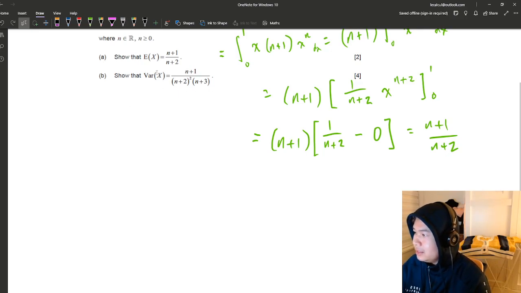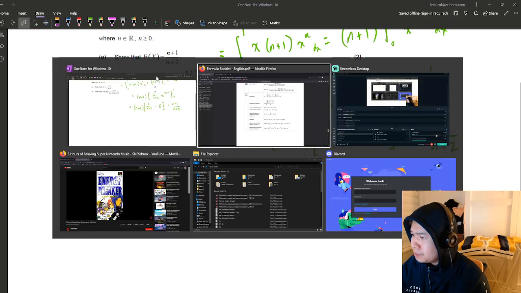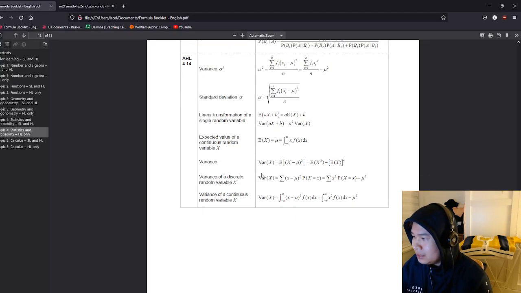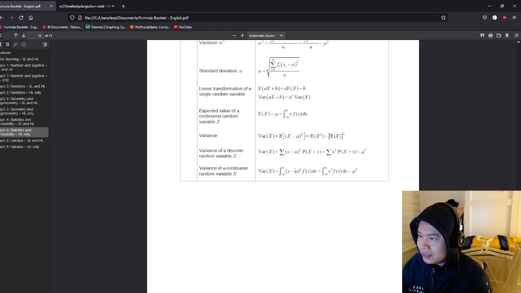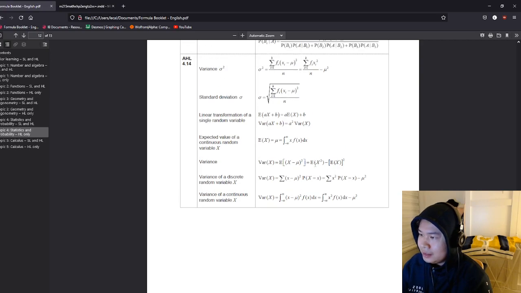Next, show that this is the variance. So again, you have formulas for your variance. There's two. You can either do this integral, which kind of sucks, or you can do this one, which is related to the expected value, which you found out in part A. So we're going to use that one.